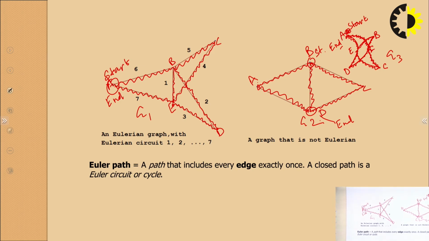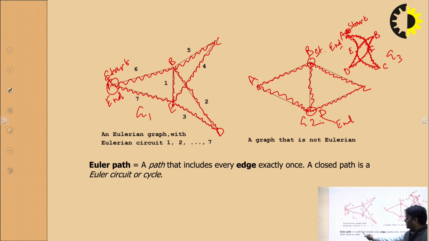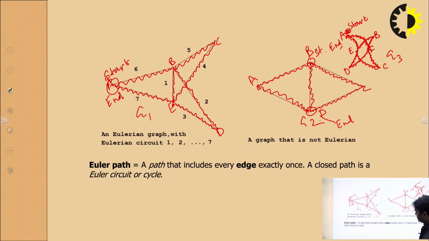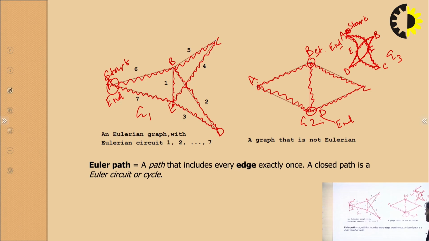Start and end point are not the same here, so this forms an Euler path, a path that includes every edge exactly once, but since the start and end point are not the same, it does not form an Euler circuit.